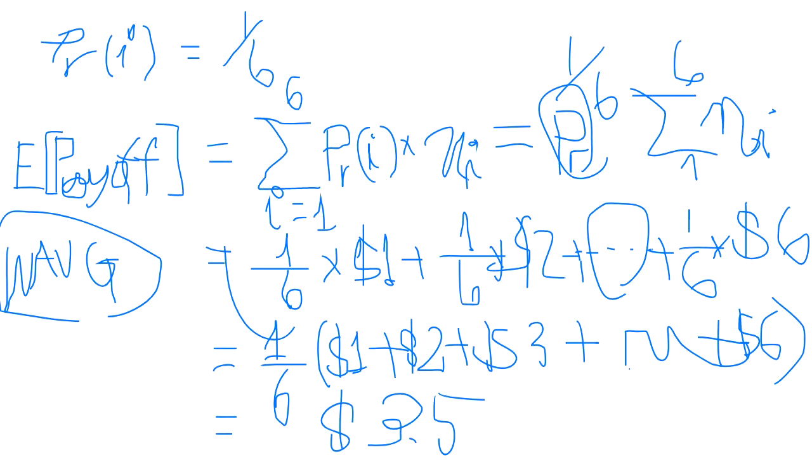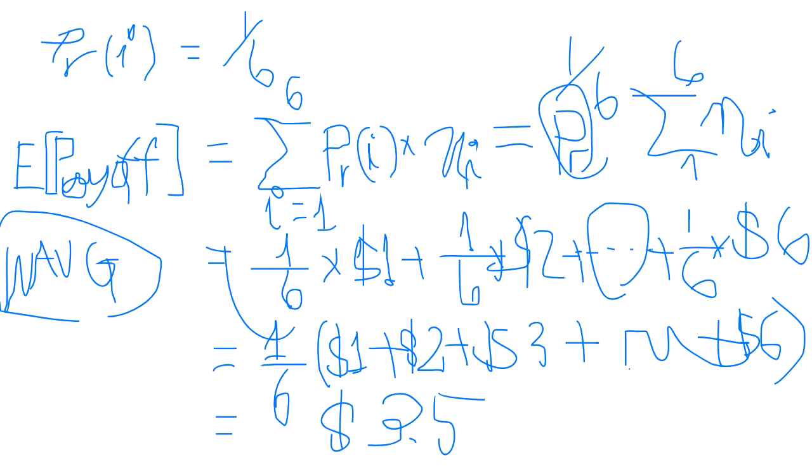But now, let's think about it. Can you win $3.5 in this dice game? Is it possible? No, it's not. You can't win 3.5. Why? Because that number doesn't exist on the dice, right?